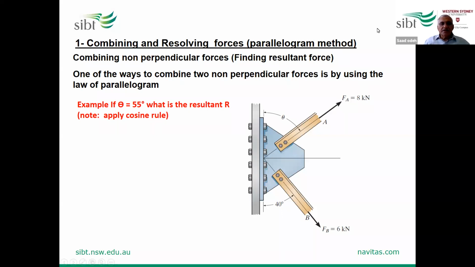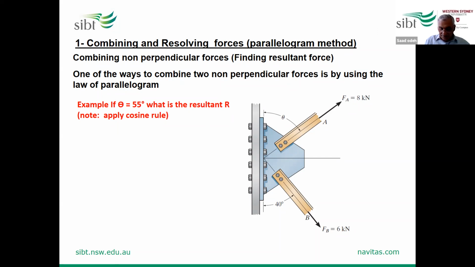So let's take this example to clarify these three principles. For this problem, we have a building structure or bridge structure where we have two beams.